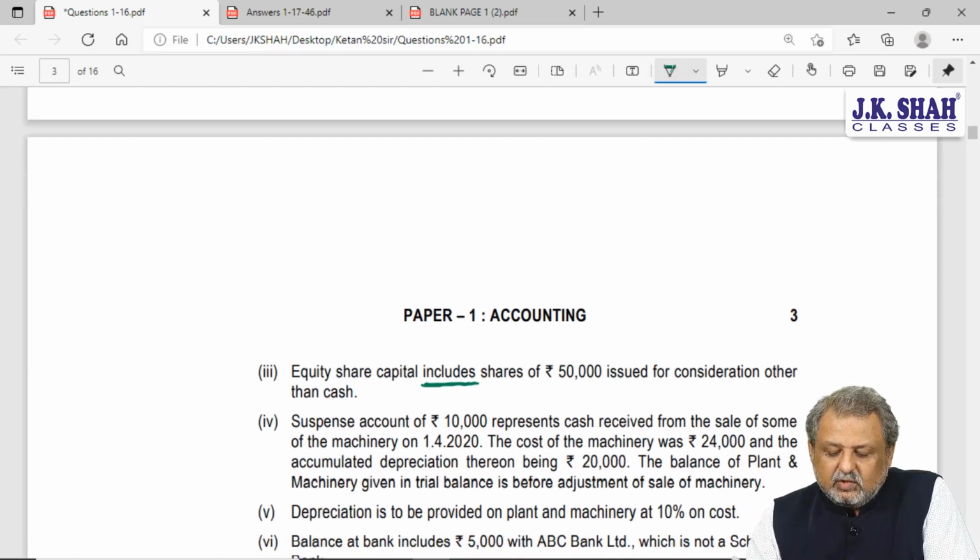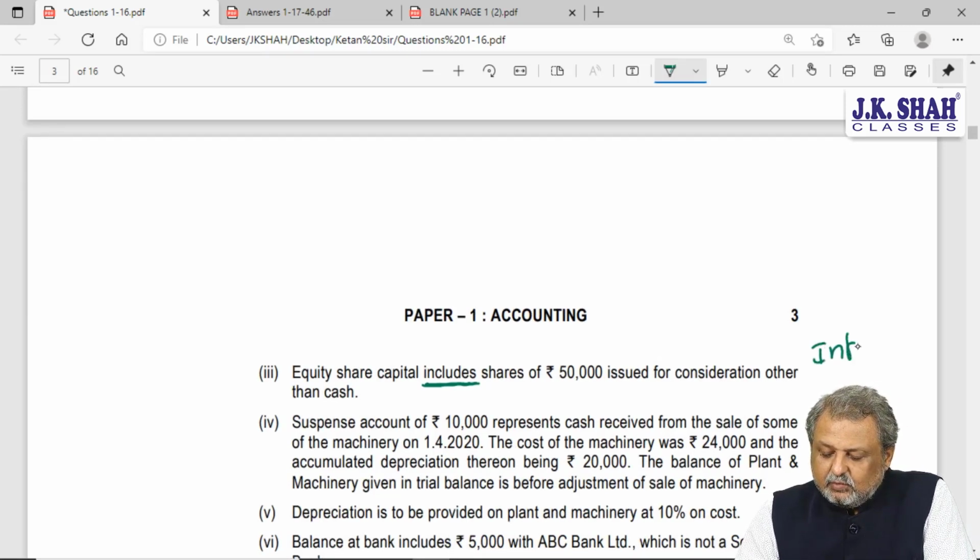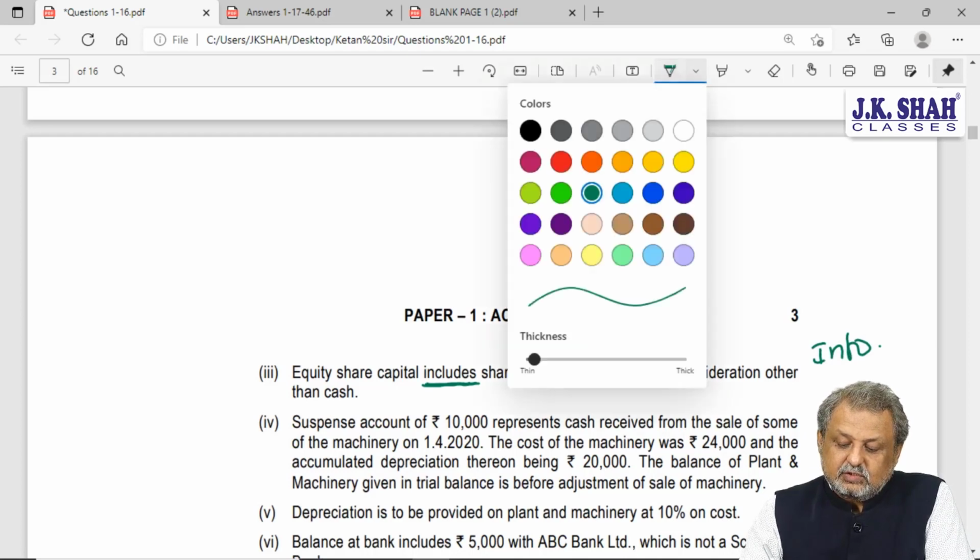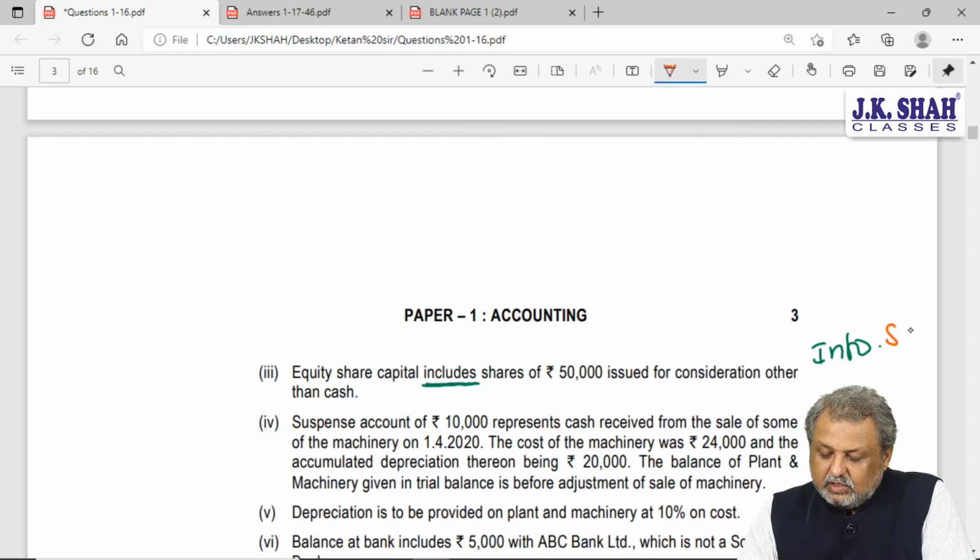So this is again only information of rupees 50,000 issued for consideration other than cash. Just information. You need to disclose this in notes to accounts, share capital. Only disclosure is required.